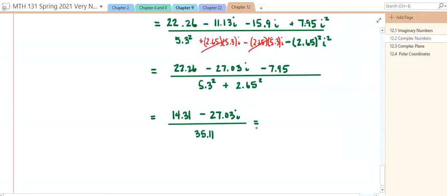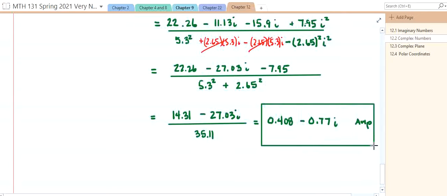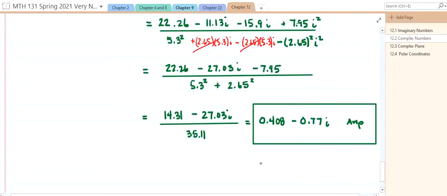So 14.31 divided by 35.11 is 0.408, and then I subtract off 27.03 divided by 35.11, which is 0.77i. And this is the amperage, amps. So this is our final answer. That's what the current is in terms of a complex number.